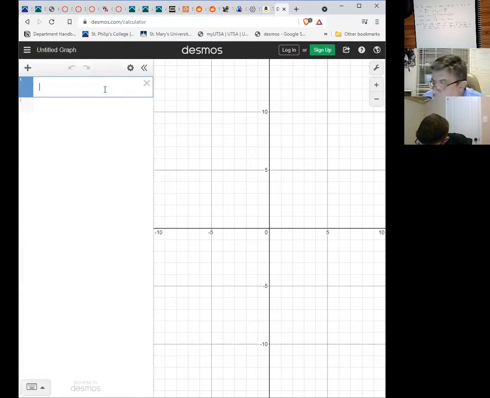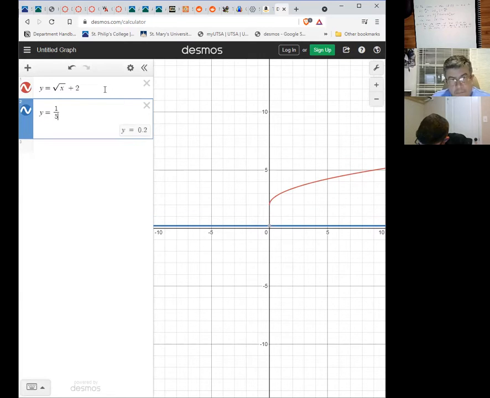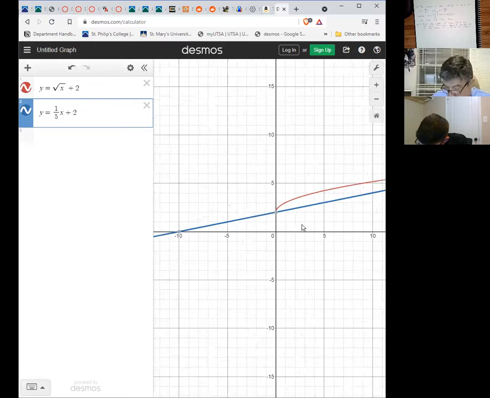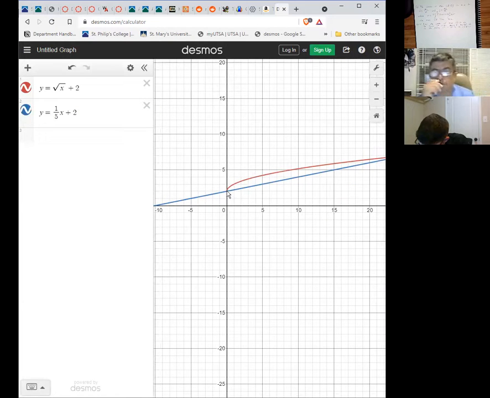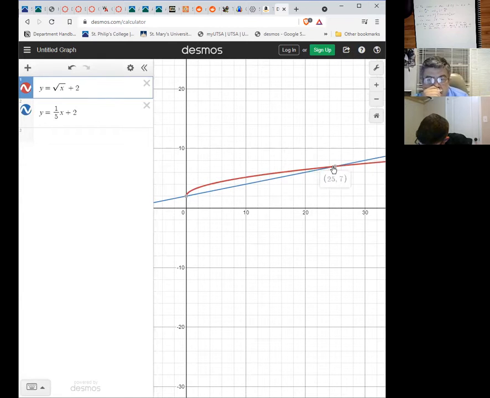We've got the square root, that one's easy, we know what that looks like. The bounded region they create is right here.